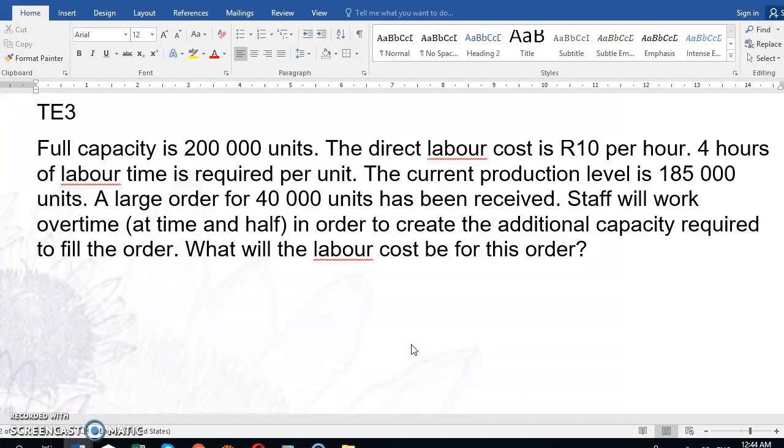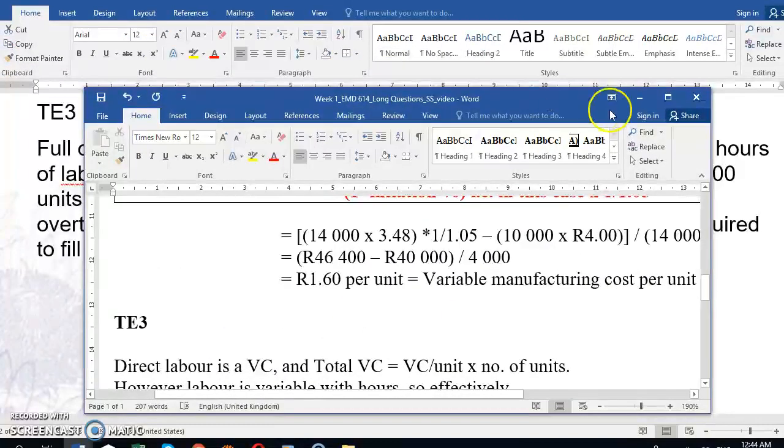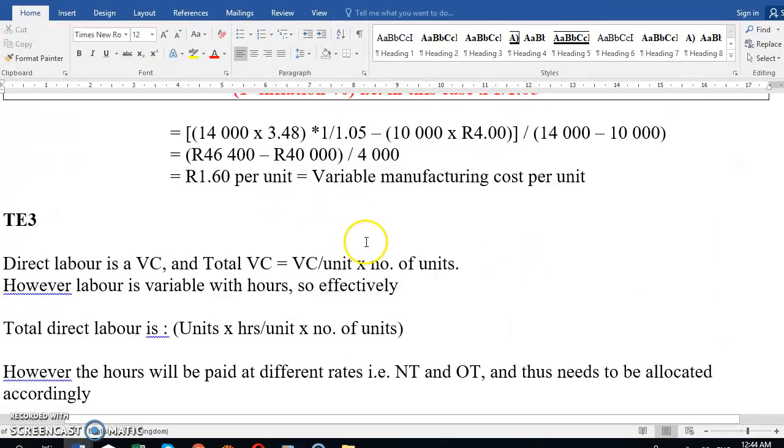Okay, so before we go into detailed calculations, the important thing to remember is that direct labor cost, as discussed before, will always be a variable cost. If it's a variable cost, just to remind you, variable costs are effectively variable cost per unit times the number of units.